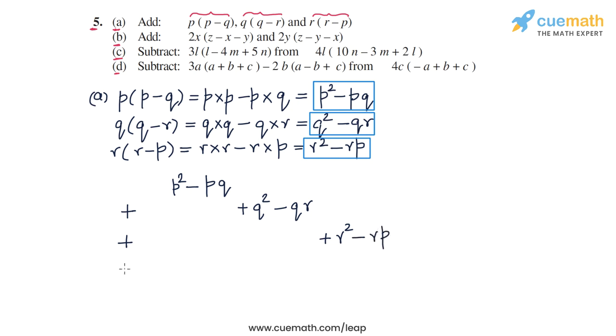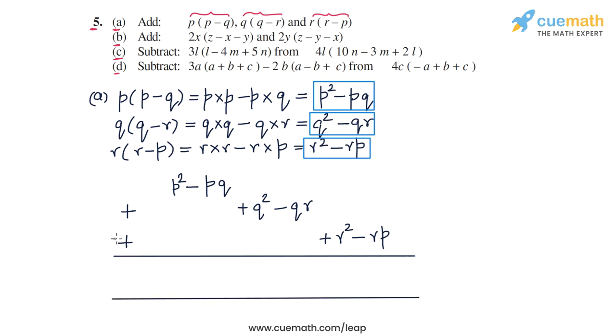And now we can add all the expressions. So what will we get when we add them? So we have P square minus PQ, and then Q square minus QR, and then R square minus RP.